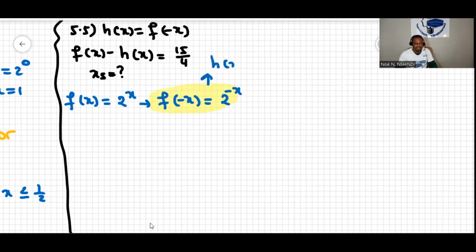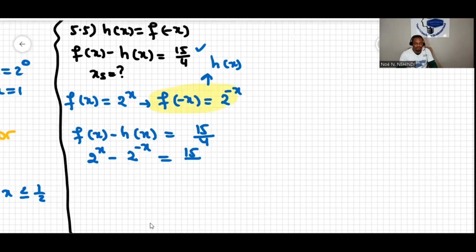So if we do now this part, we write f of x minus h of x equals 15/4. This is just 2 to the x minus 2 to the negative x equals 15/4.